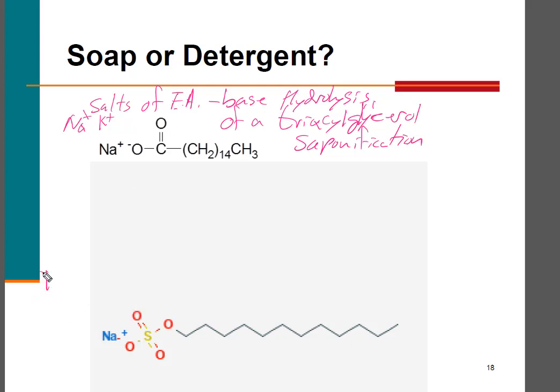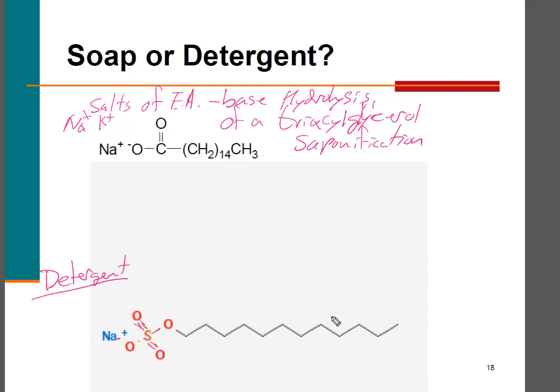Down here we have a detergent. Notice this functional group. You can see here C double bond O, O minus. We have something similar, but it's sulfur. Sulfur double bonded to these oxygens, and we have this long hydrophobic tail.